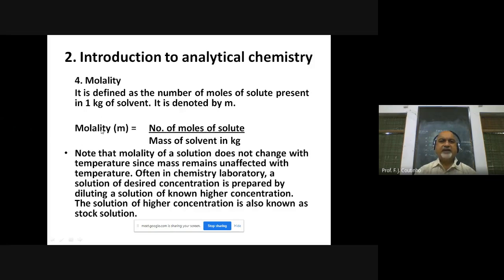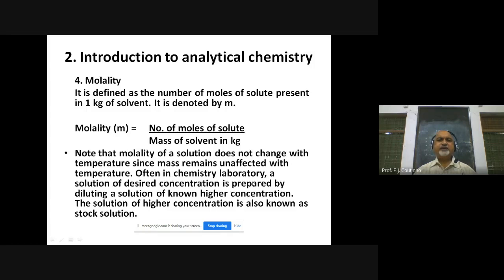So molality is the number of moles of a solute divided by the mass of the solvent in kilograms. Molarity is in liters and depends on temperature, but the molality of a solution does not change with temperature, since mass remains unaffected by temperature.